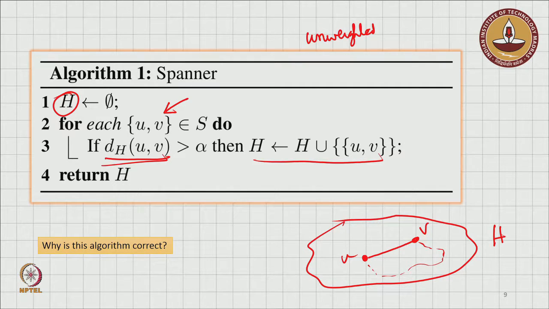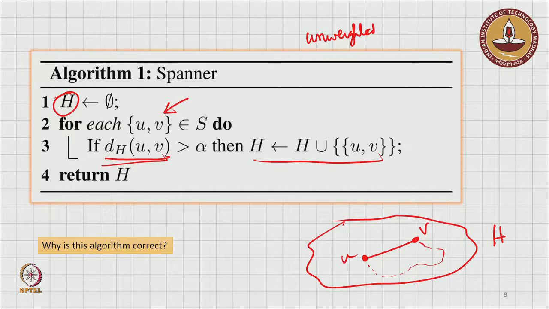And as it turns out, just by ensuring that UV is added when this condition is encountered, the algorithm overall is correct. So for each edge UV, you just check if the distance in the spanner that we are maintaining so far between the vertices U and V is greater than alpha.